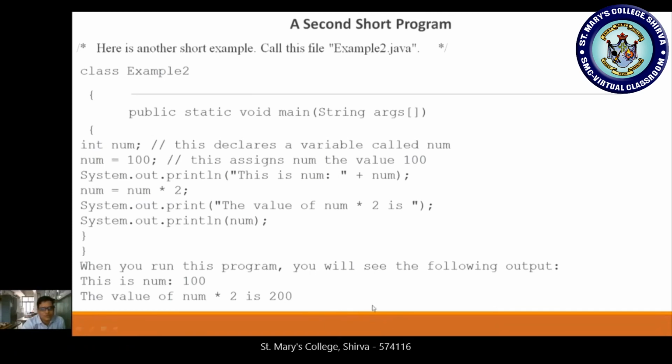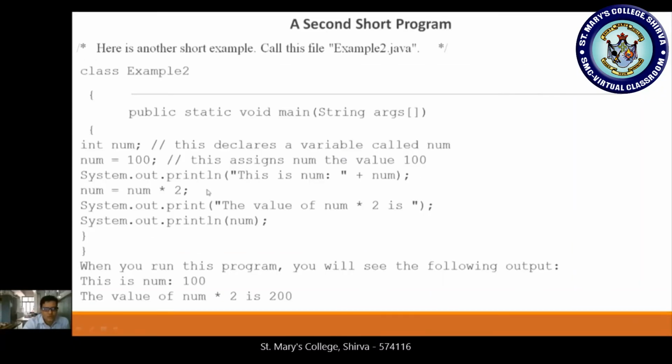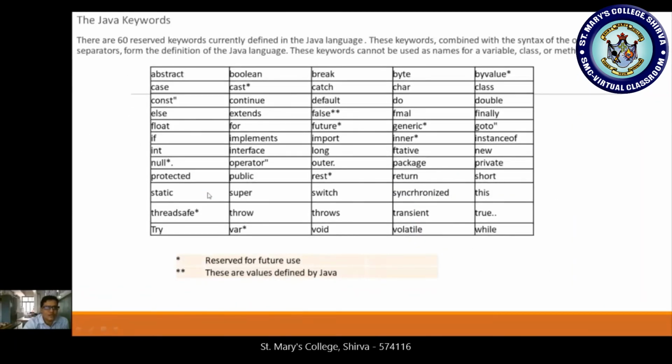By using the keyword java followed by the name of the class. What is the name of the class? Example2. So next our concept is Java keywords. I will show these two programs after this slide. This is the end of the slide. I will show in detail how to compile and run your Java program.